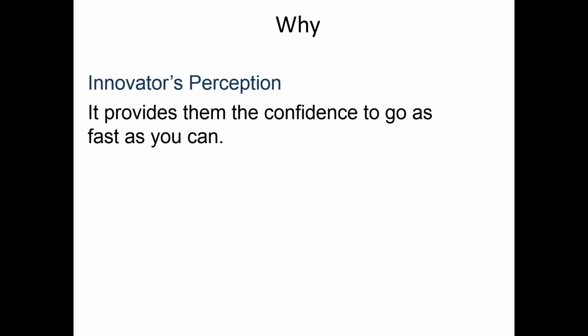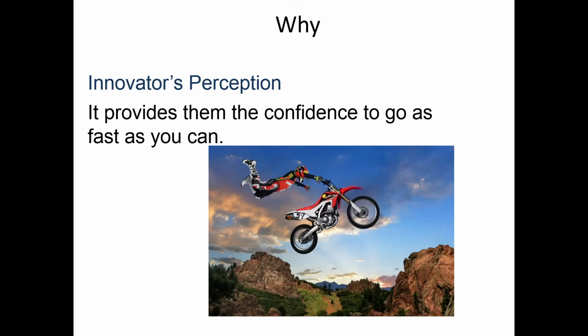But if you look at the innovator's perception, it provides them confidence to go as fast as they can. If you bring the security in from the beginning in DevOps, then you have the comfort that you can really develop fast and it won't go crazy.